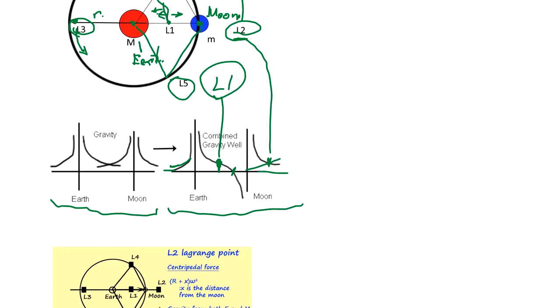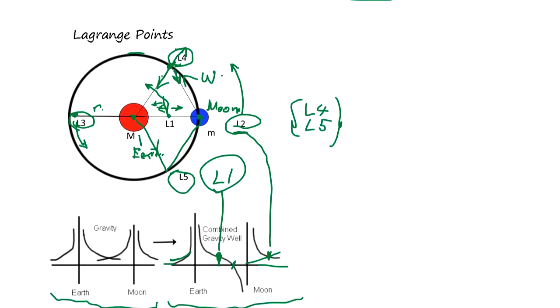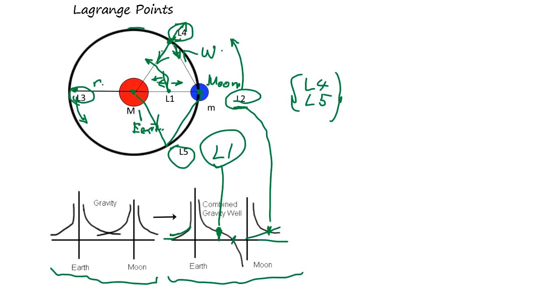That's Lagrange points L4 and L5. Those Lagrange points are where you can stably orbit around Earth together with the Moon, keeping the distance the same.